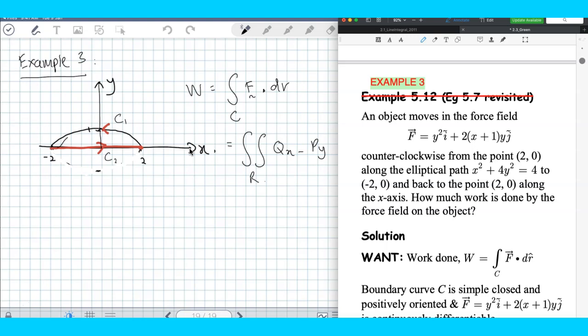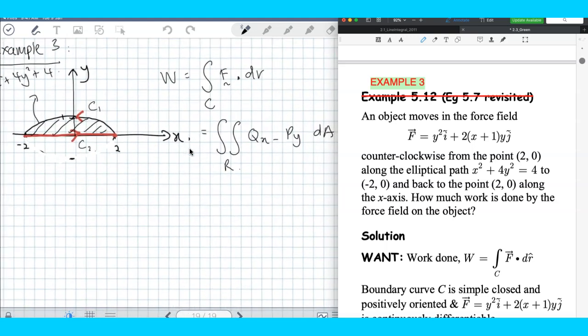So now this is your region. The equation of this is coming from x squared plus 4y squared equals 4. So now, this is your P. Your P is y squared and your Q is 2yx plus 1.